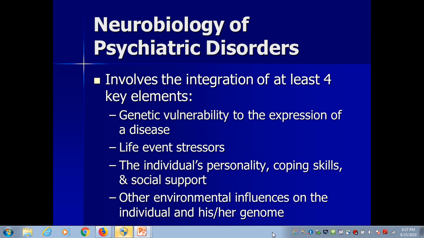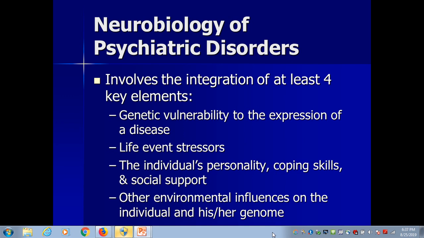But essentially, we do inherit the genetic vulnerability, and whether or not we develop the disease will depend on our life event stressors. Have we had exposure to multiple traumas? It will depend on our personality, our coping skills, and our social support. So how have we learned how to cope with problems? How has our personality developed?